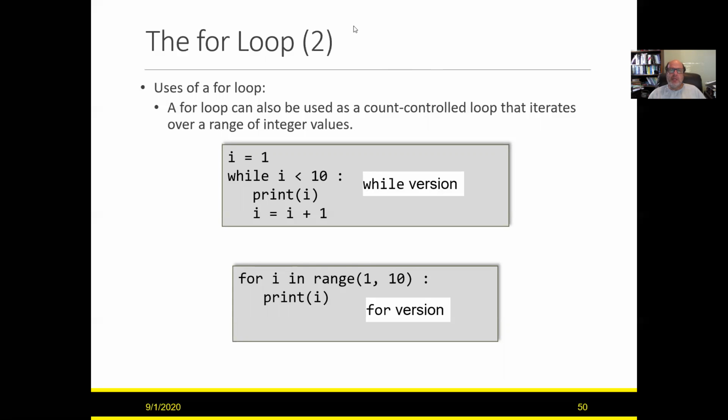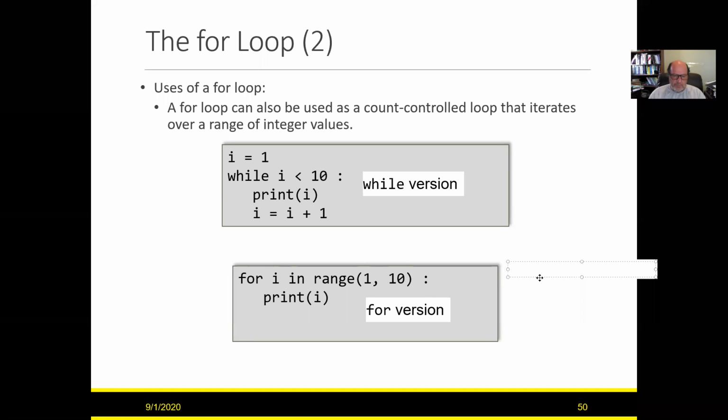So we can have the same thing. I can have a range with 1 parameter. I can have a range with 3 parameters. If I have 2 parameters, this is my starting point. If I have 1 parameter, my starting point is going to be 0.